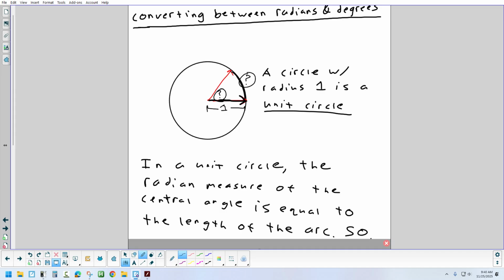So if this angle was 1 radian, then this arc would be 1 unit. 1 inch, it depends on what your unit is. If this angle comes out to 2.3 radians, this arc would come out to 2.3 units. 1.6 radians, 1.6 units. These two things are always exactly the same on a unit circle.